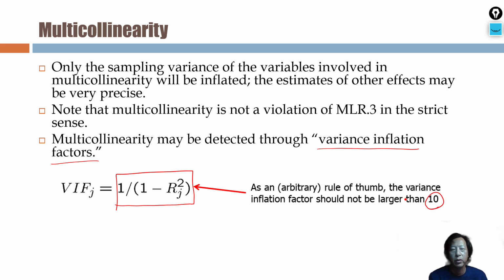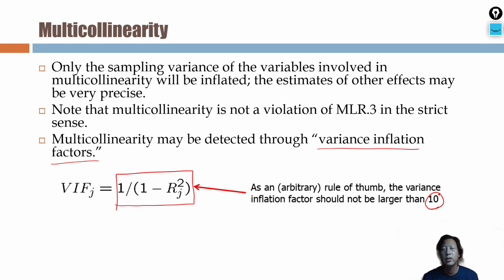Maybe the multicollinearity is too high, then your model has a problem. Of course, this 10 is kind of a rule of thumb. There's no theoretical reason why 10 has to be the critical point.